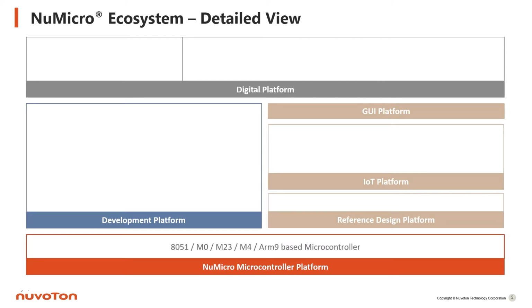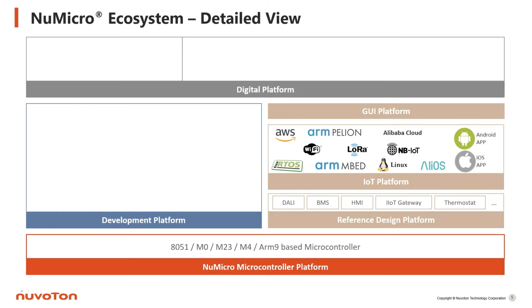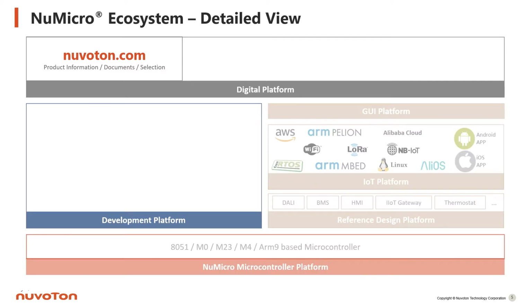As a result, Nuvoton provides you a complete ecosystem, including the MCU itself with various cores, development platform, reference design, IoT platform, and digital platform. Because this course is designed for beginners, we will focus on the development platform.